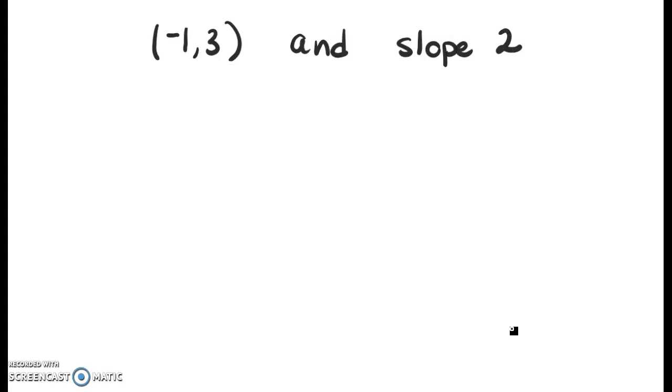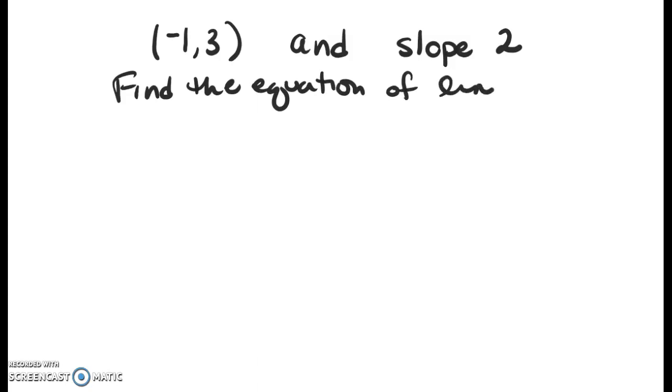So if you're given a point and a slope, you can find the equation of the line that passes through the point (-1, 3) and has a slope of 2.